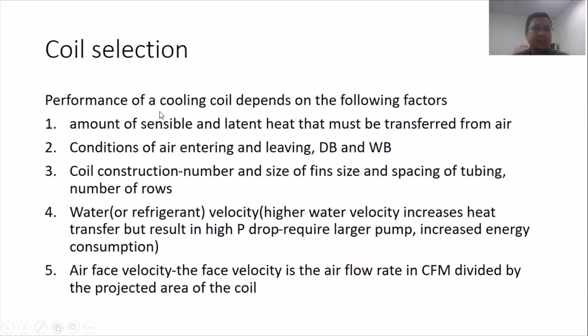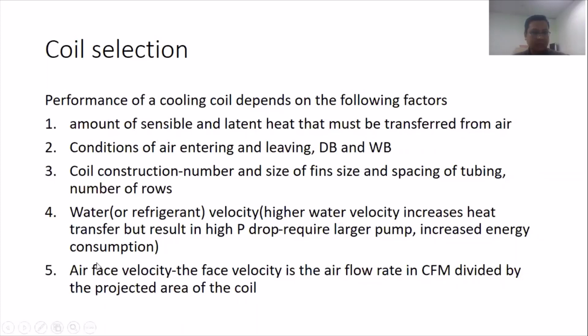Coil selection, based on the calculated performance, we will select based on the amount of sensible and latent heat, condition of air entering and leaving, coil construction, number and size of fins, and water velocity. High water velocity increases heat transfer, but a high pressure drop is required.